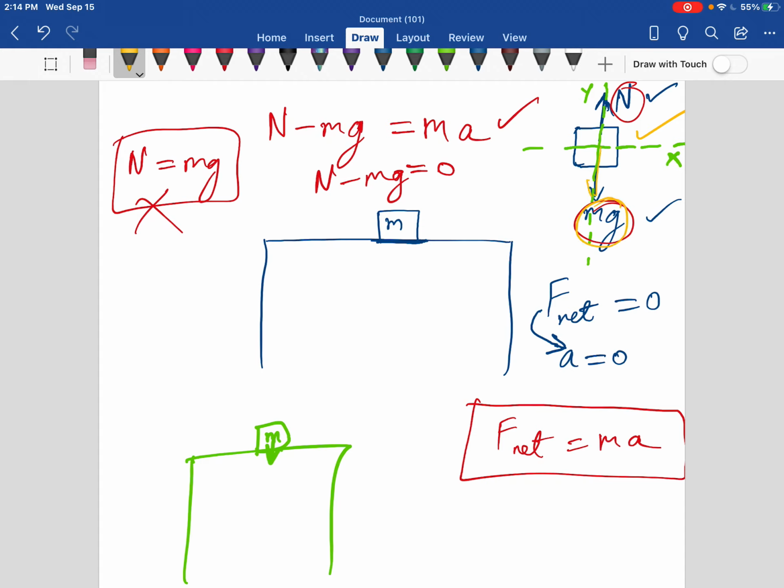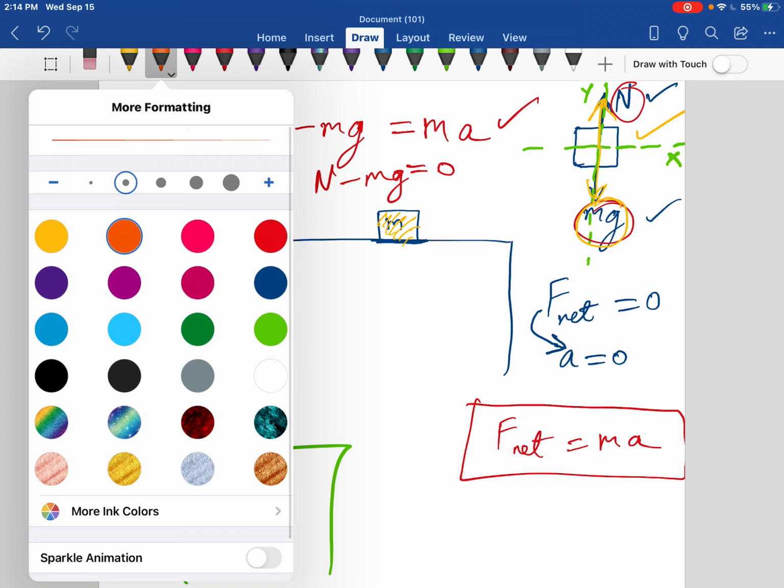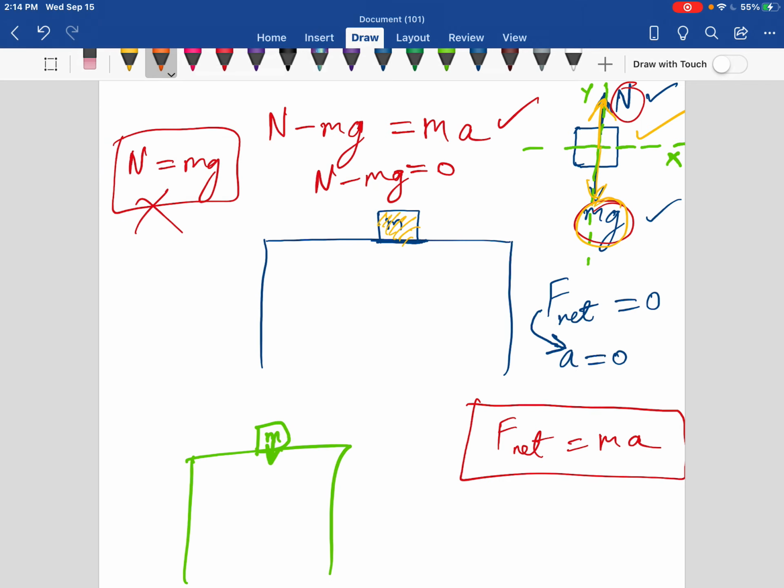We drew one force downwards, that was mg, and one force upwards, that is the normal force. We said that the normal force is the thing which this table is applying on this box. The normal force is the force which the table is applying on that box, right? On this box, this table is applying some force. We are calling that the normal force.